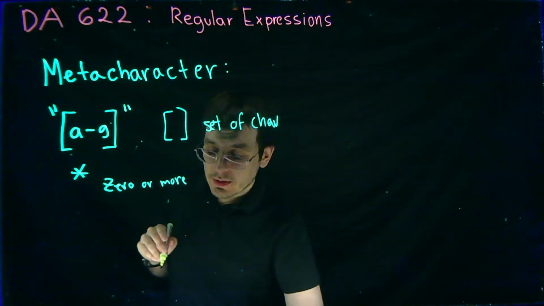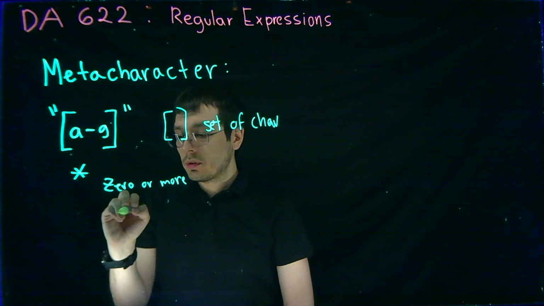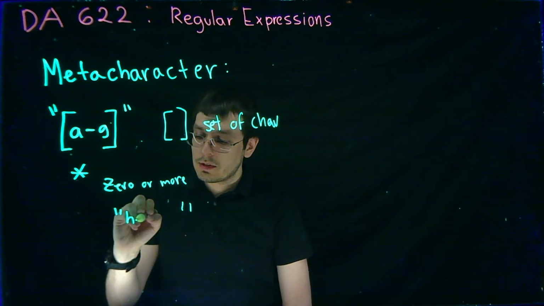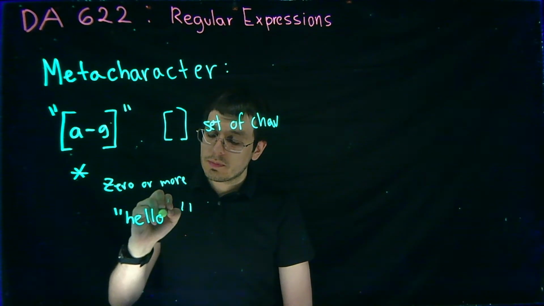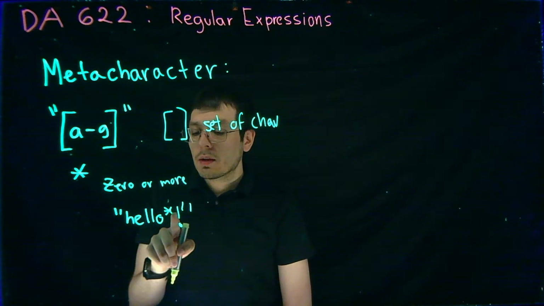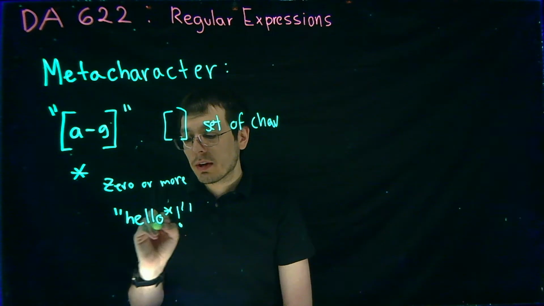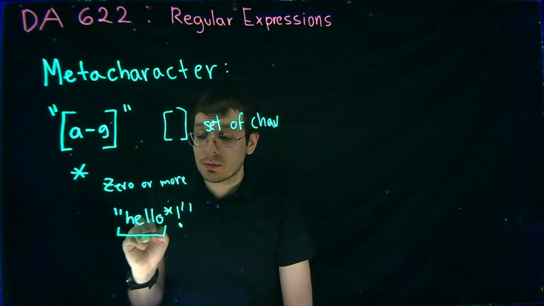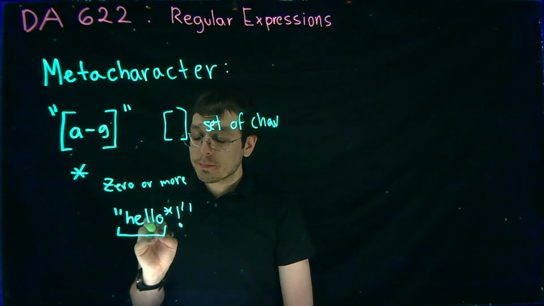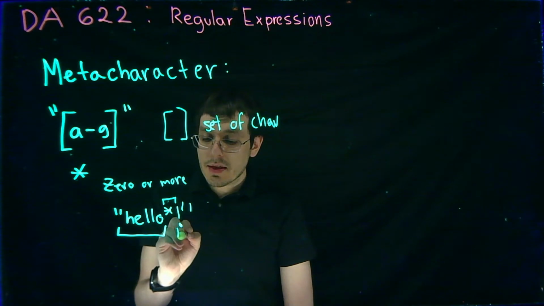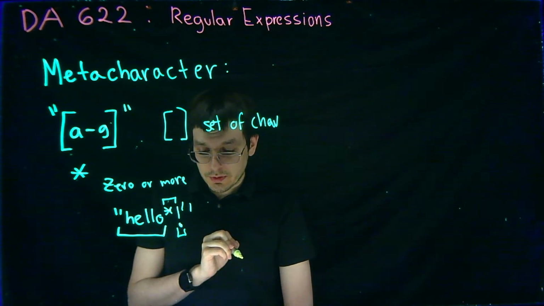So like I said in that example, if we're looking for a string that contains hello, then the Kleene star, and an exclamation point, what is happening is you have to find within the text you're searching through the word hello, and then you can have 0 or more characters after this, and then you have to find the exclamation point.